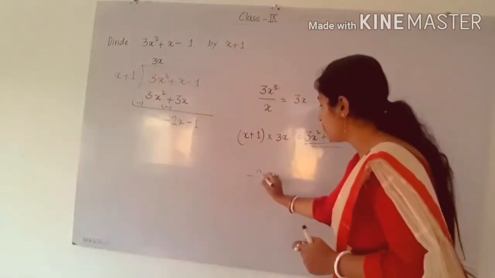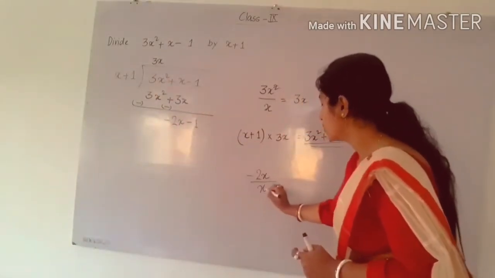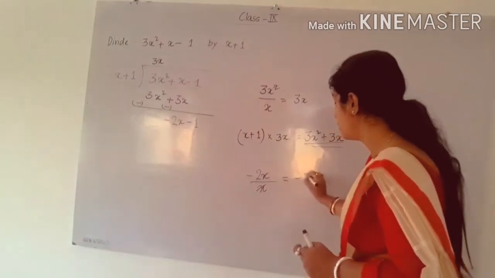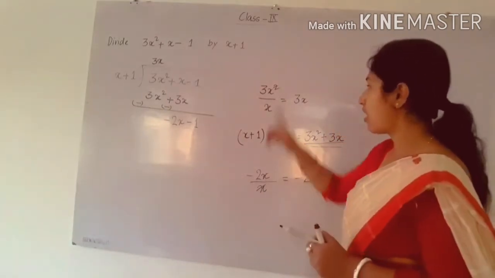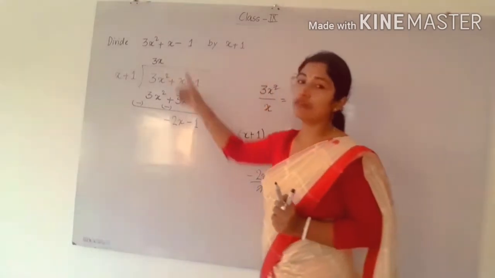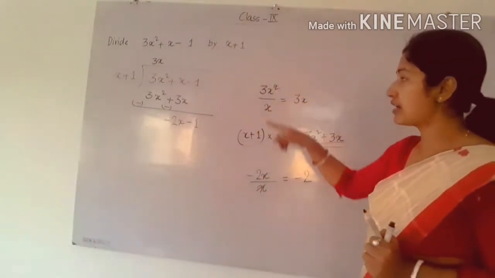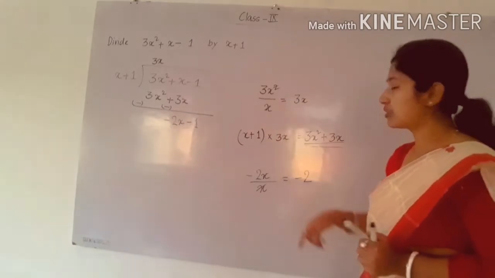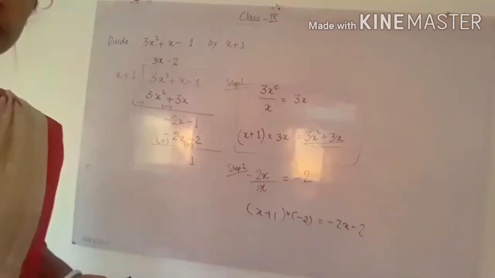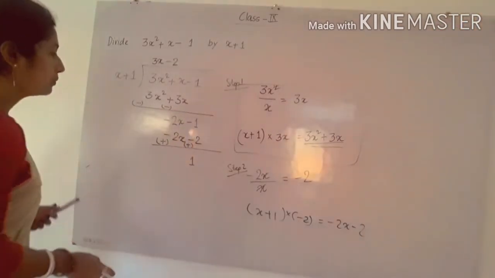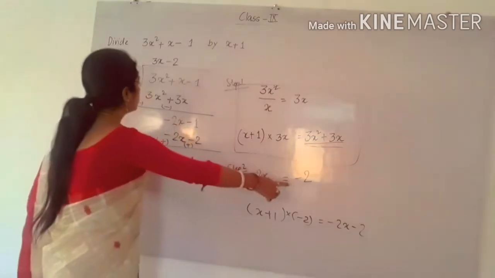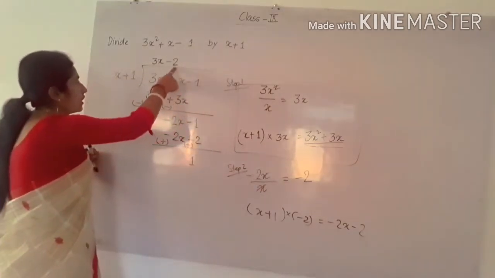The x will get cancelled, and you will get minus 2. That means our next term in the quotient will be minus 2. So I am writing minus 2 in the quotient.